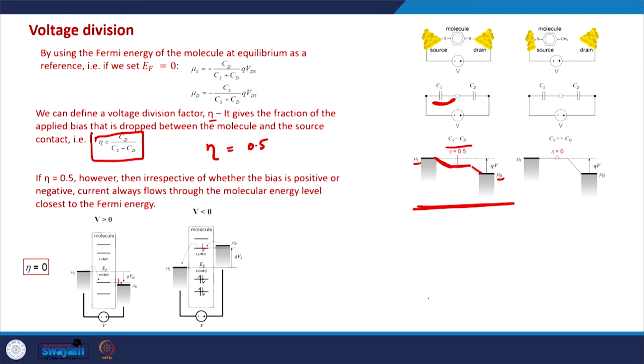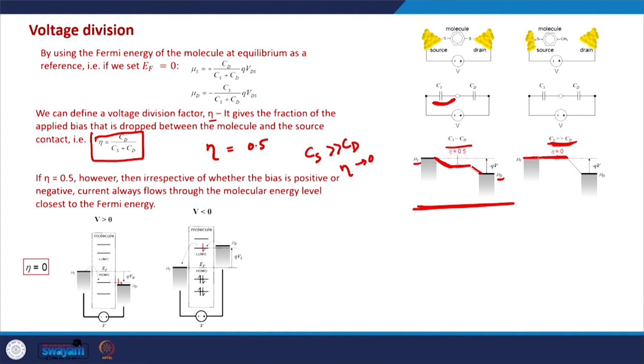In another scenario, if we have the source capacitance extremely large as compared to the drain capacitance, which means that the source contact is quite close to the molecule as compared to the drain contact, then C_S will be extremely high, eta will tend to 0, and the Fermi level of the molecule and the Fermi level of the source will be almost at the same level.